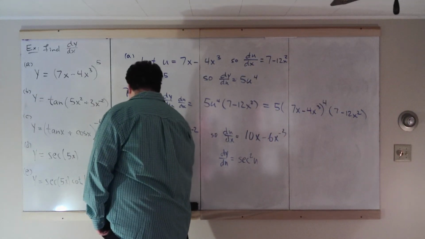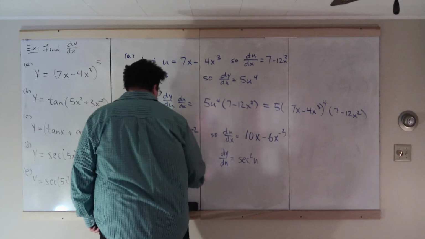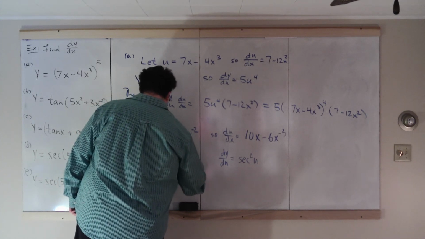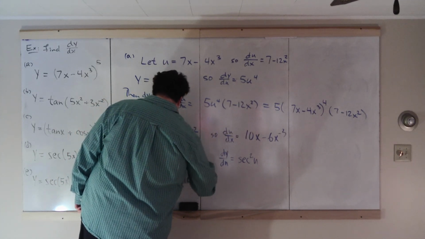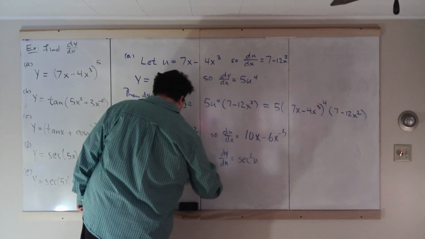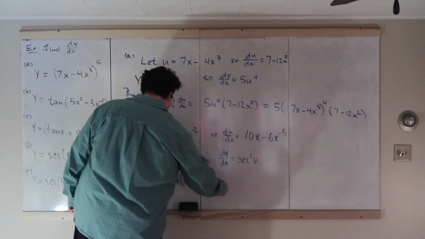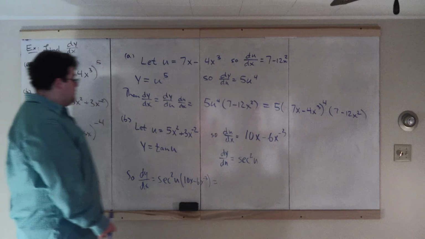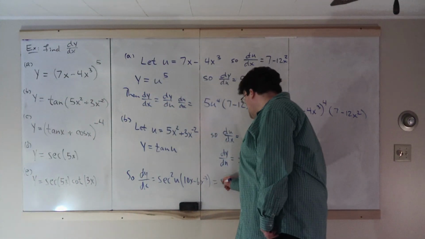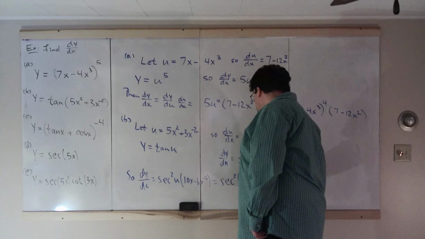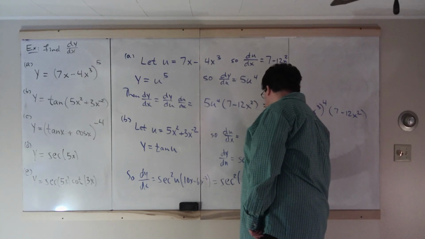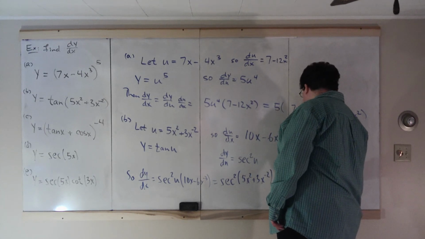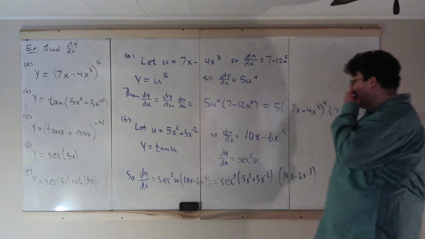So dy/dx is dy/du, secant squared of u, times du/dx, so times (10x minus 6x to the negative 3). So multiply those two answers, and now get rid of u with that substitution there. So it's secant squared of (5x squared plus 3x to the negative 2), all times (10x minus 6x to the negative 3).